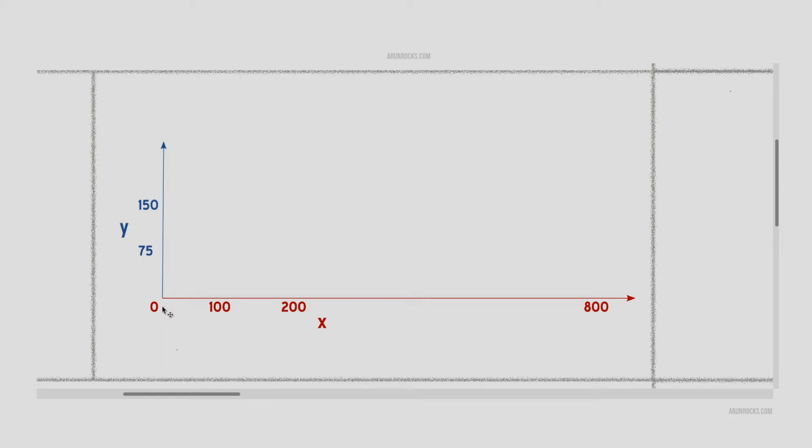Our screen window is going to be 800 pixels wide and 150 pixels high. So it's a wide but short looking window, and the top right coordinate would be X coordinate 800 and Y coordinate 150, to give you an example of how I would position things in this window.